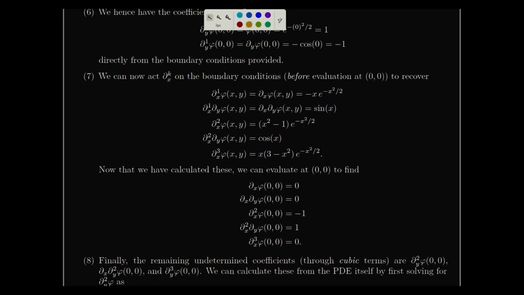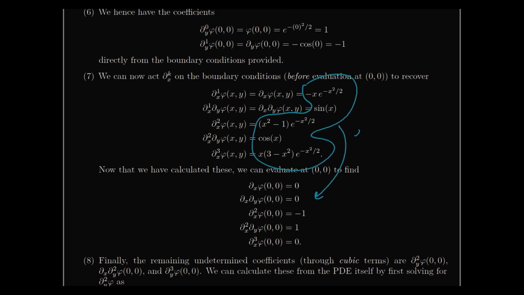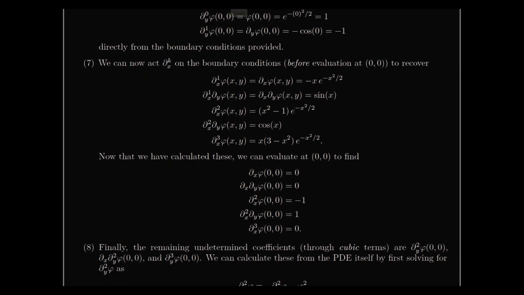You all know how to do calculus, or I should hope so by now. So you're just doing a lot of calculus here. But now you're evaluating at 0, 0. So we evaluate those at 0, 0, we get 5 more coefficients. So far we've calculated 1, 2 from the Cauchy data, plus another 5. So 7 coefficients from Cauchy data plus tangential derivatives. We're still missing 3.